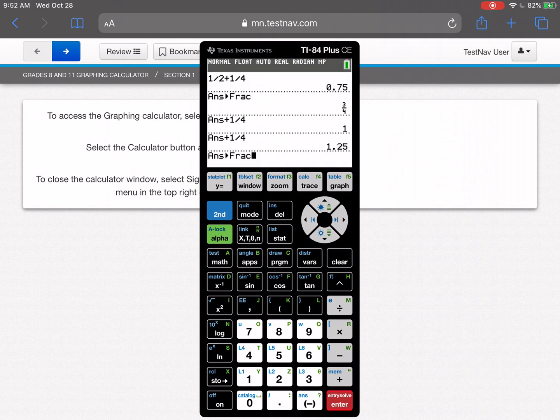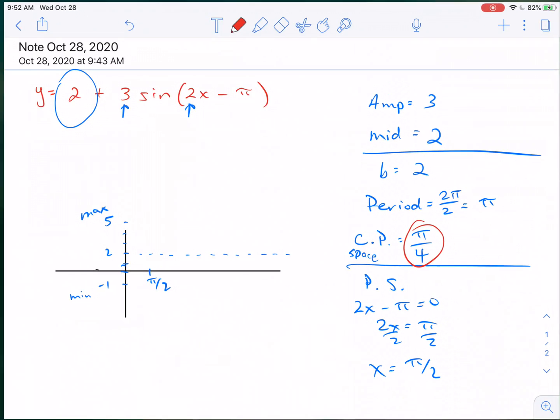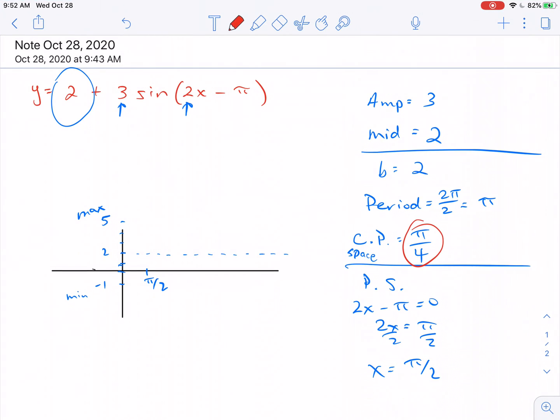Then you hit math, enter, enter, and you keep doing this until you get to 5 critical values. So a half plus a fourth would be 3/4, and 3/4 plus a fourth, that's when we got 1 pi. Add another fourth, that would be 5 pi over 4. And then if I add the last one, whether you did the calculator or you do this one, you get 6 pi over 4, which would reduce to 3 pi over 2.